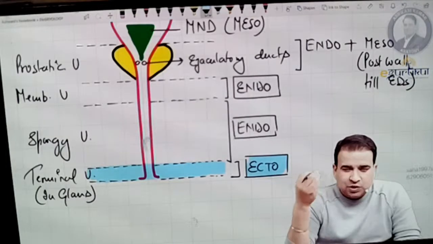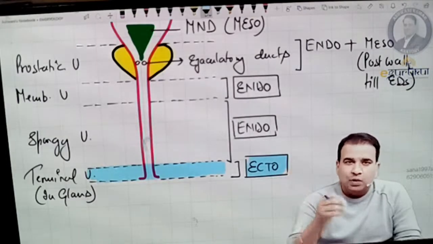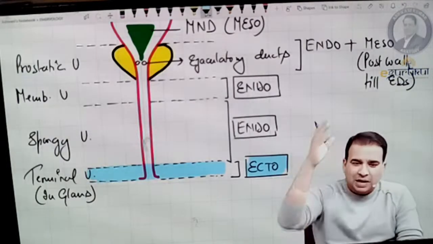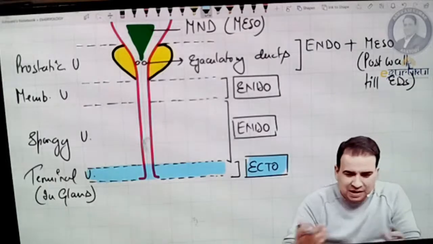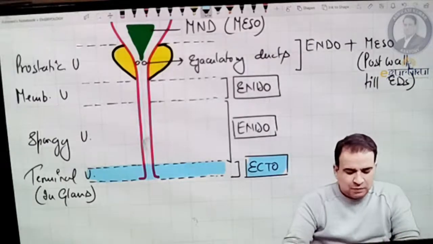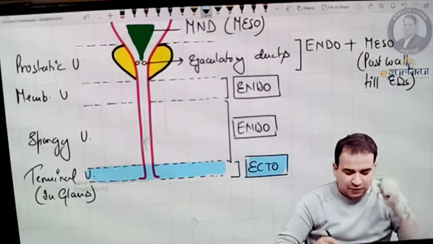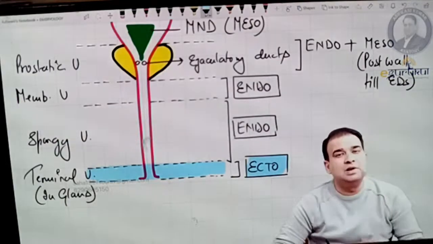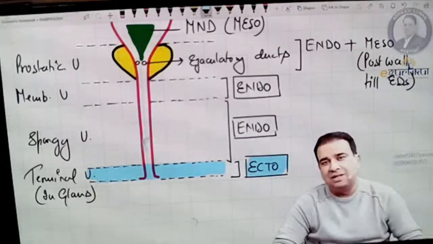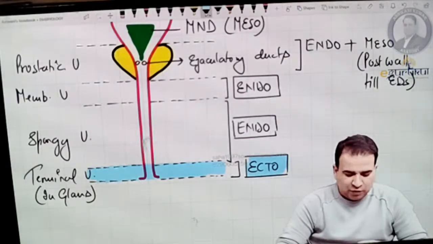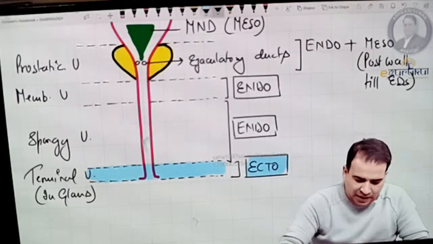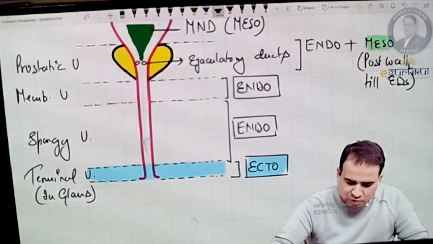So obviously the urethra opening into an ectodermal thickening will be ectodermal only. So the male urethra is mainly endodermal, but we do have mesoderm in the proximal part on the posterior wall. And we also have ectoderm in the terminal part of the male urethra, the one which is opening in the glans. So we have all three: endoderm, ectoderm, and mesoderm.